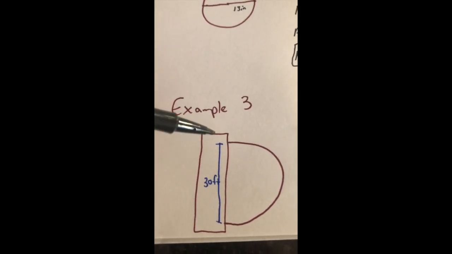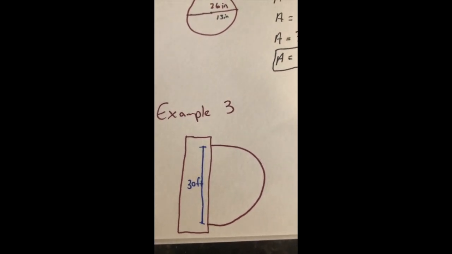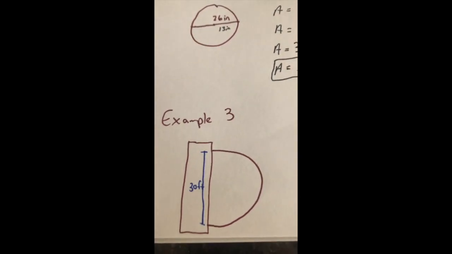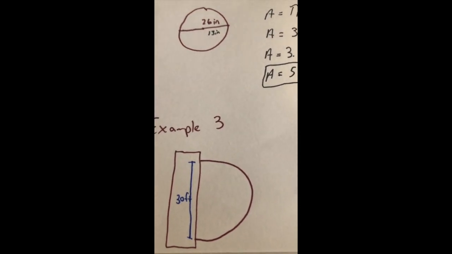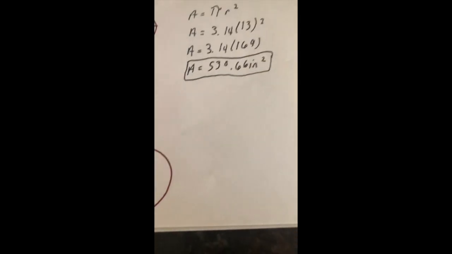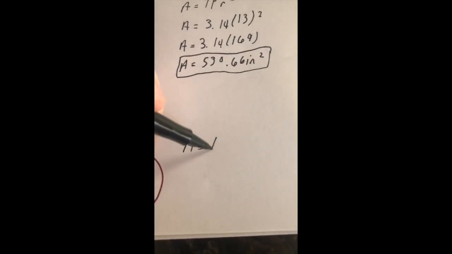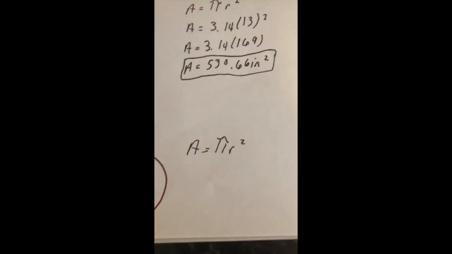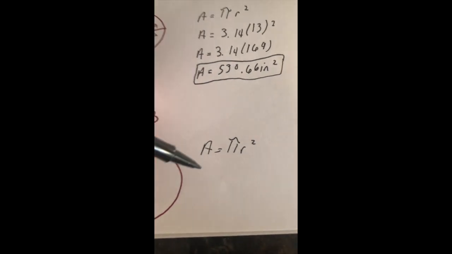The stage we can see is 30 feet in diameter. This is a semicircle, so obviously we're only going to need to know half of the area. So we can use the same formula that we've been using, A equals pi r squared. And then again, what do we know the radius to be? It is 15.